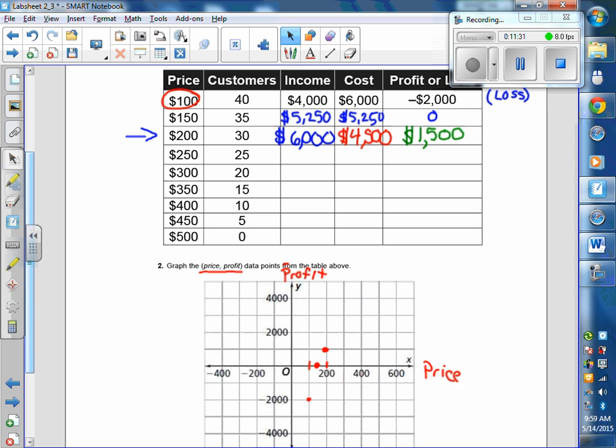So this would be 1,000 right here. That would be 2,000, so $1,500 is in between. I have plotted the first 3 points, and you need to plot the rest of these. That's the beginning of your assignment, the front page.